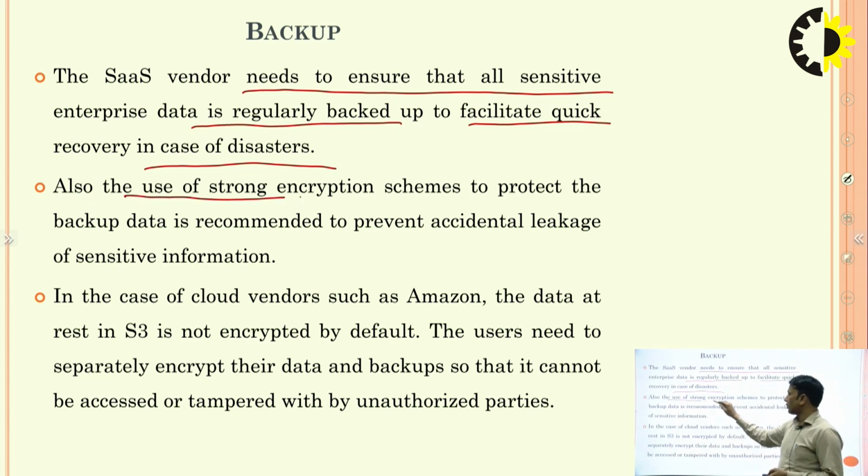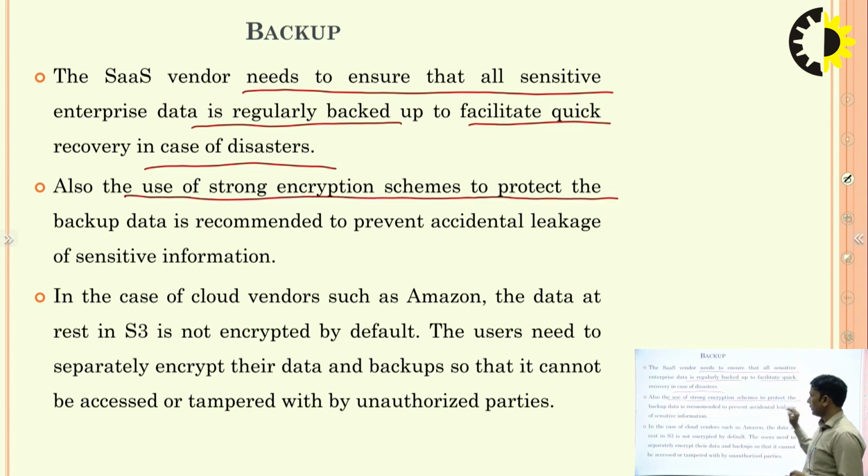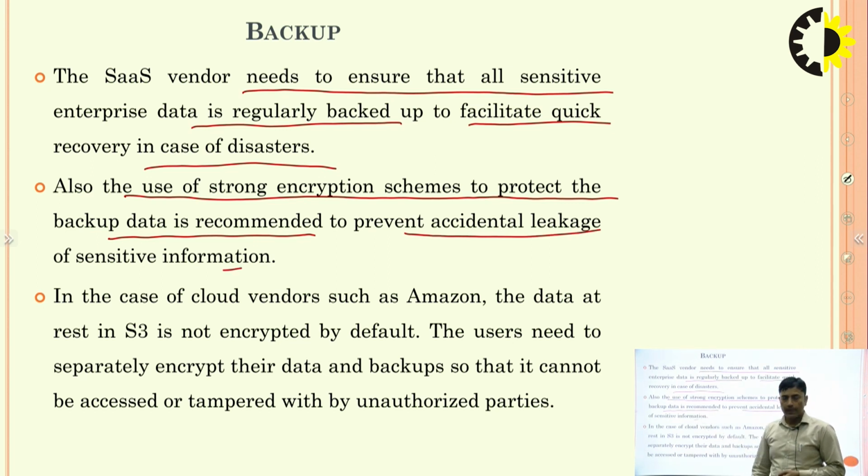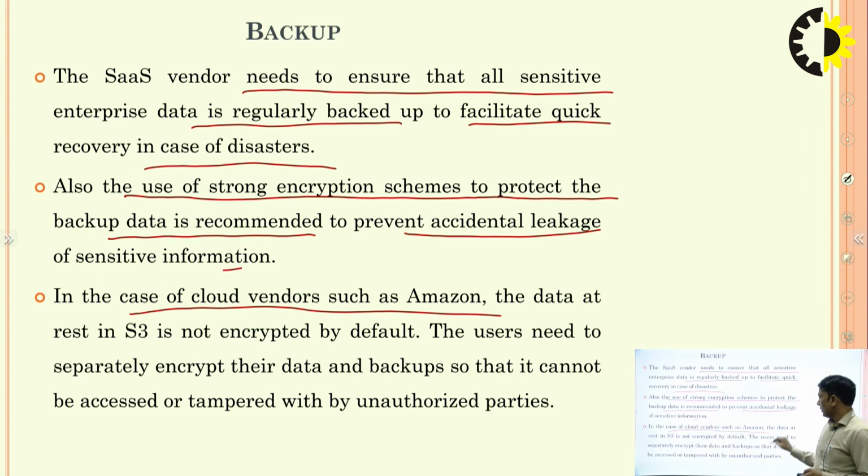Also, the use of strong encryption schemes to protect the backup data is recommended to prevent accidental leakage of sensitive information. In the case of cloud vendors such as Amazon, the data at rest in S3 is not encrypted by default. The user needs to separately encrypt their data and backups so that it cannot be accessed or tampered with by an unauthorized user.